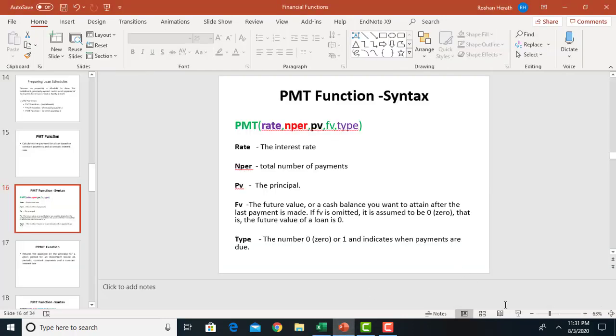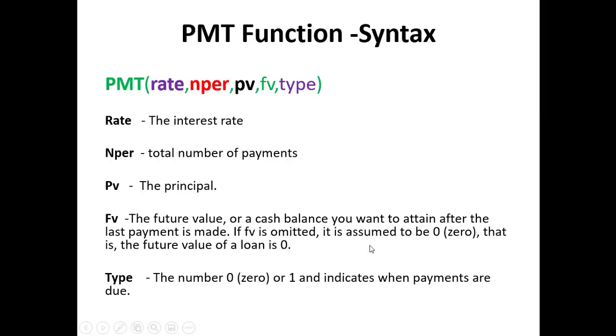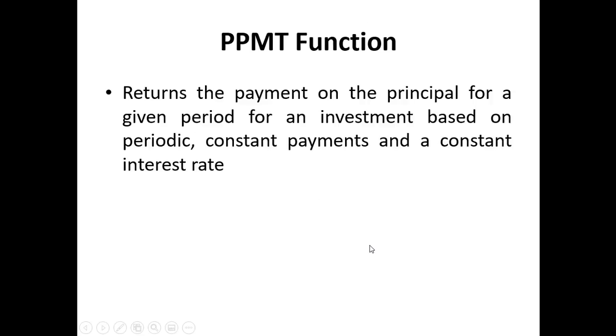Now let's go back to the lecture and see the PPMT function, the second function that we expect to discuss. The PPMT function returns the payment of the principal for a given period for an investment based on periodic constant payments and a constant interest rate.